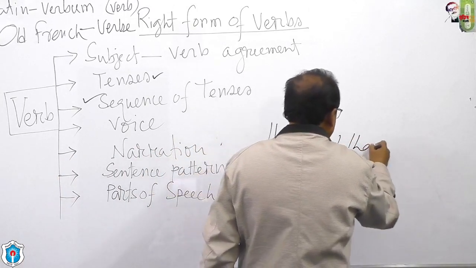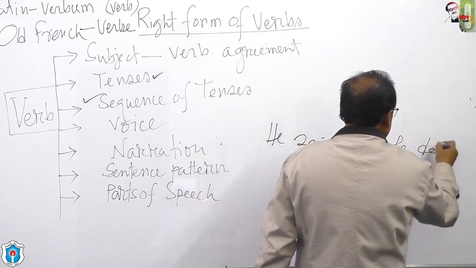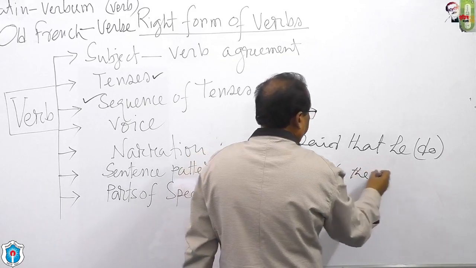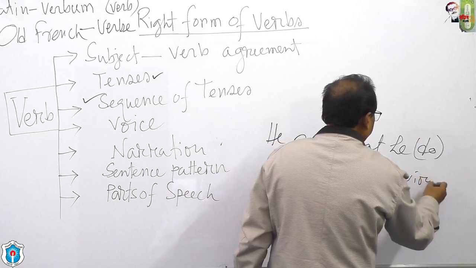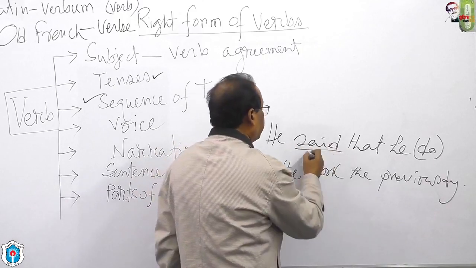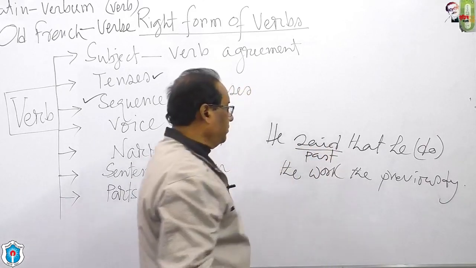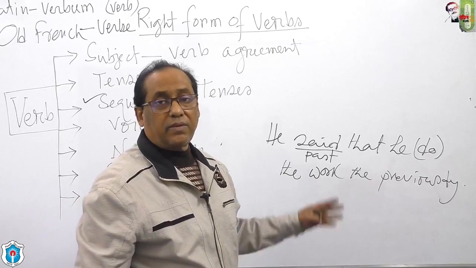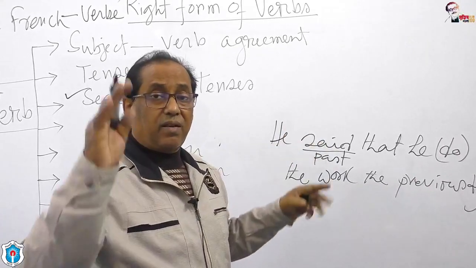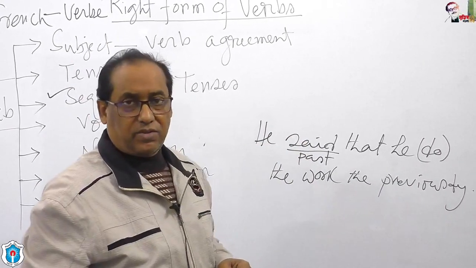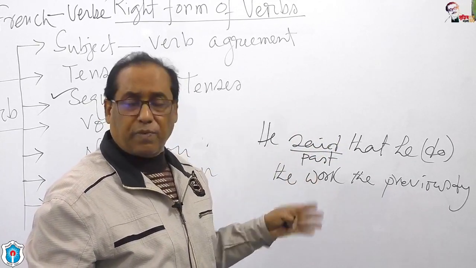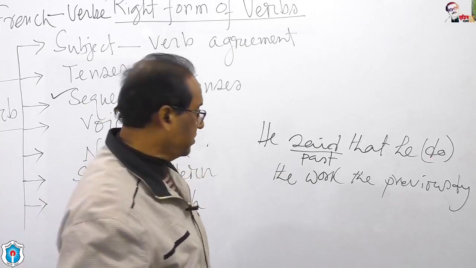He said that he do the work the previous day. Said it is past tense, so the tense of another clause should be in past tense. But there are 4 kinds of past tense. Now which one is suitable here? Either past indefinite or past continuous or past perfect or past perfect continuous.